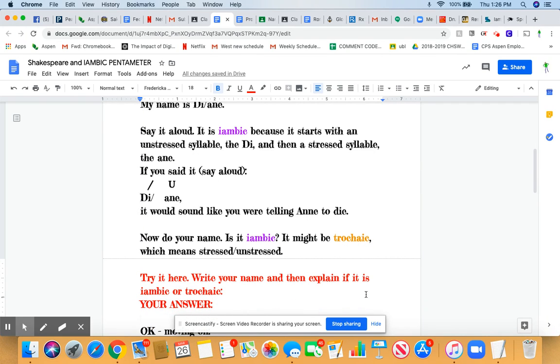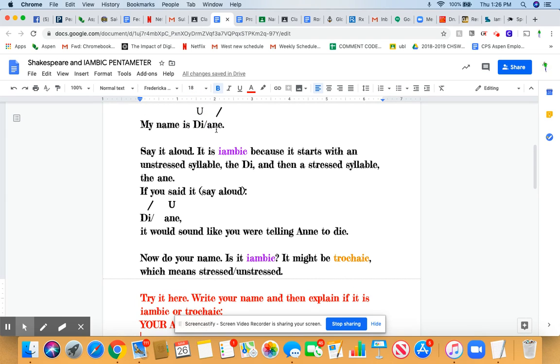So do it with your own name for a second. Take a piece of paper and a pencil and just jot down your name. Jot down the first two syllables. If you only have a one-syllable name, do it with your last name. And decide, go back and forth, which syllable is stressed and which is unstressed. If the first syllable is unstressed, like in my name, Diane, then it's iambic.